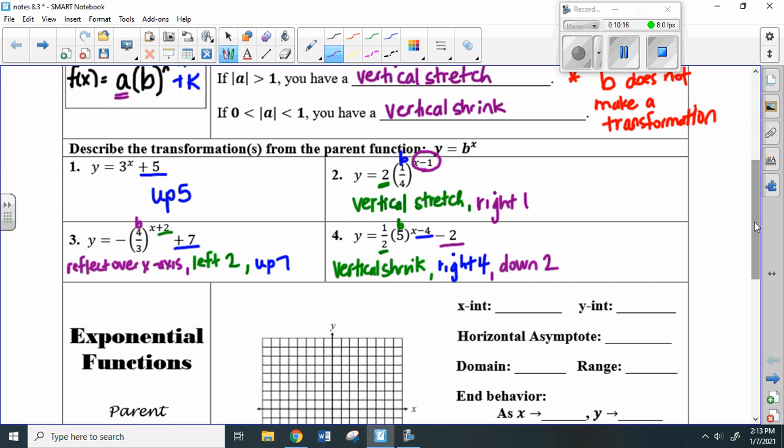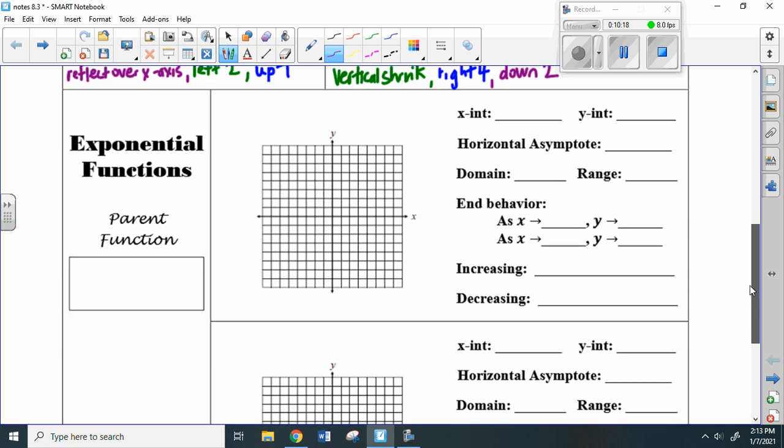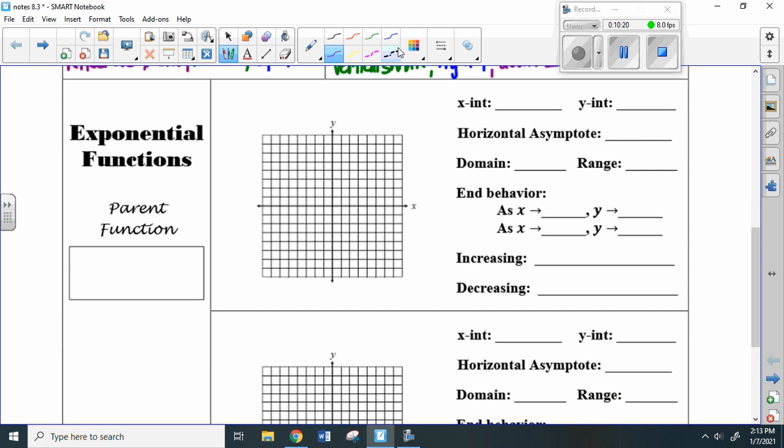All right, so let's talk about the graph. The parent function is just going to be something like y equals b to the x, where b can be any number. As you saw in the top few examples, it can be a whole number, it can be a fraction.